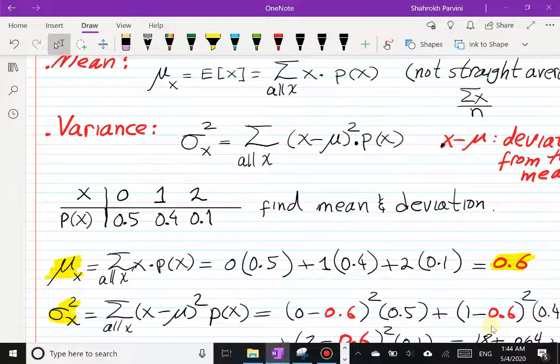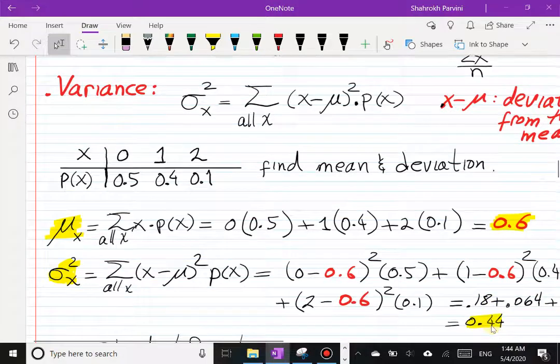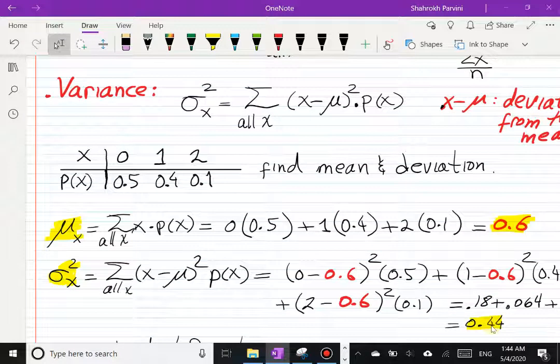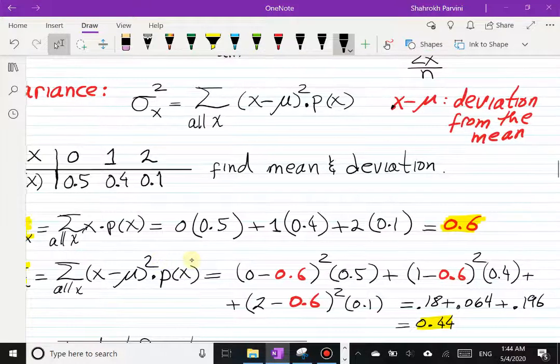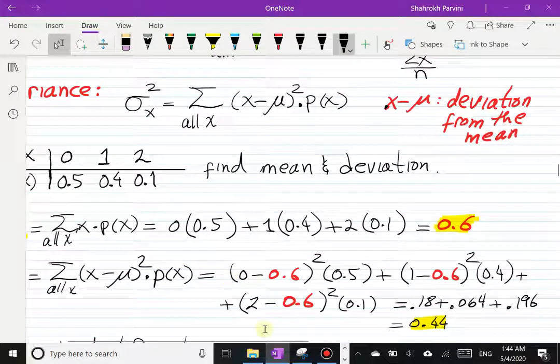How do I calculate the variance? Well, once you calculate the mean, now I can do this sigma. So again, you do outcome minus the mean of the distribution. Square that, so you have a squared deviation, and then you multiply that times probability of that outcome. Okay? And that's what I've done. I multiply 0 minus 0.6, so I created the deviation from the mean.